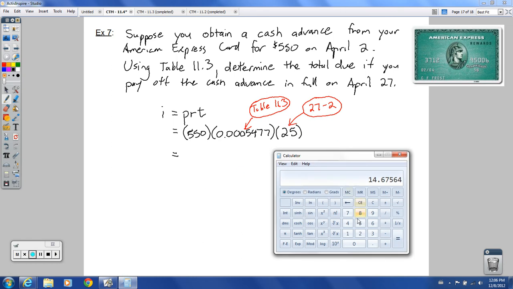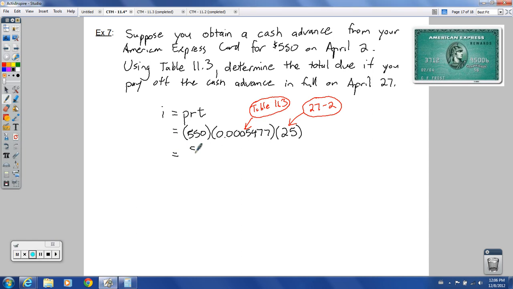So we have 550 times 0.0005477 times 25. Ta-da! We got approximately $7.53.